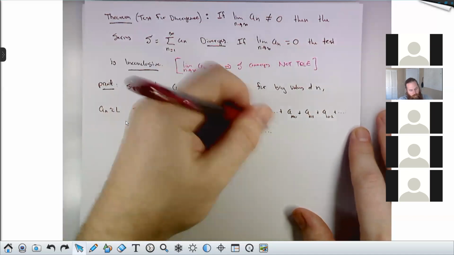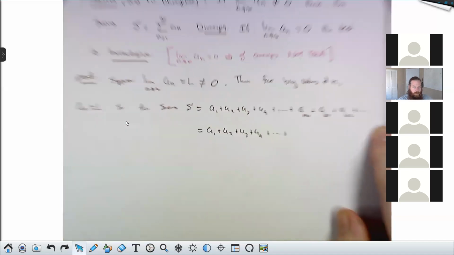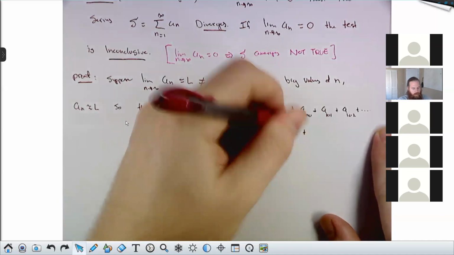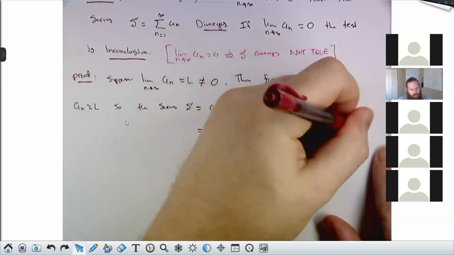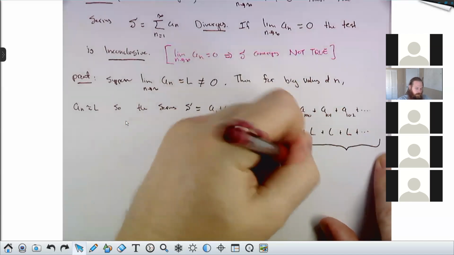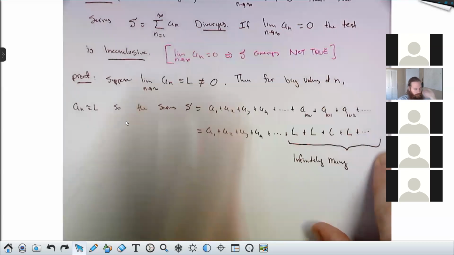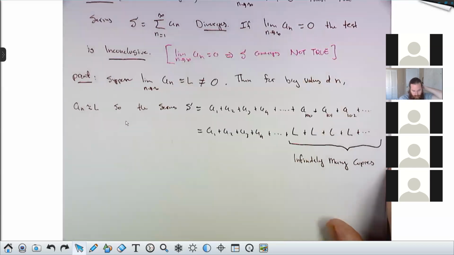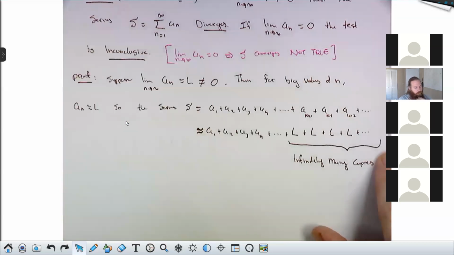But all these late terms, because n is large here, a_100 should be close to L. a_101 should be close to L. a_102 should be close to L. a_103 should be close to L. There's infinitely many copies of something here that is very, very close to L. I should say this is very, very close to, not exactly equal to.